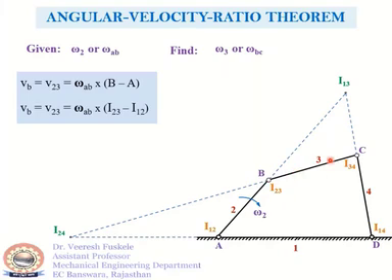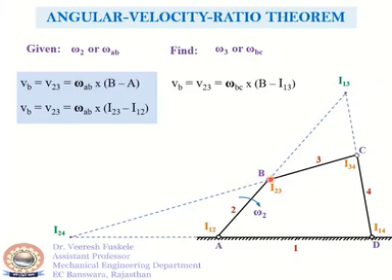The link 3 is rotating at this instant about the point I13, which is the instantaneous center. So the velocity of point B, if we consider it to be a point on link 3 which is rotating with the angular velocity omega 3 about the point I13, is given by VB or V23, which is again equal to omega 3 or omega BC into distance B minus I13.